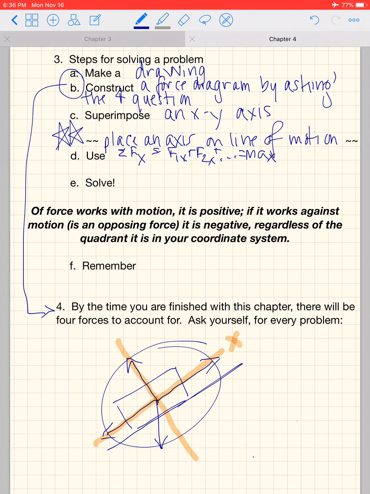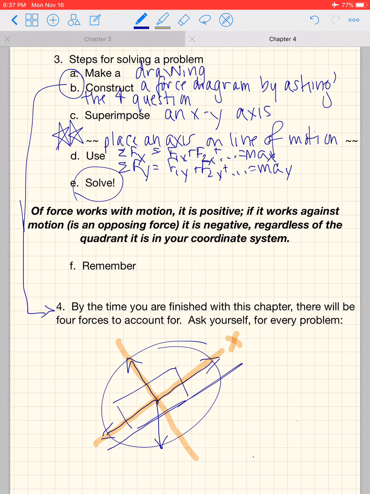And I'm also going to use sigma F sub y is equal to F sub 1y plus F sub 2y plus dot dot dot is equal to m a sub y. And I'm going to substitute in what I know. By using those 2 equations, eventually I'm going to be able to solve for whatever my unknown is.